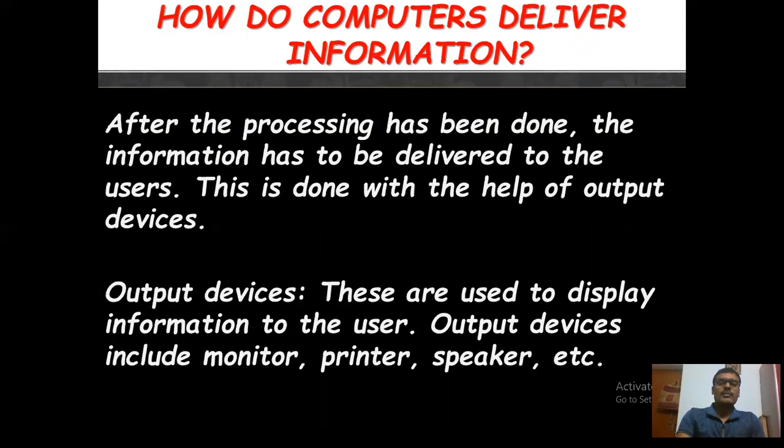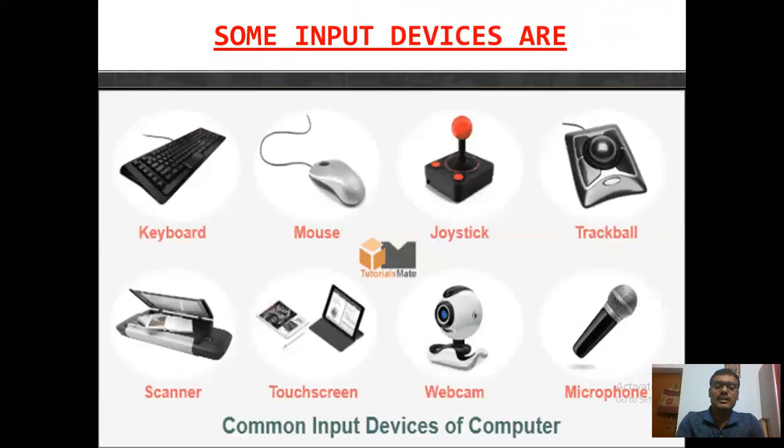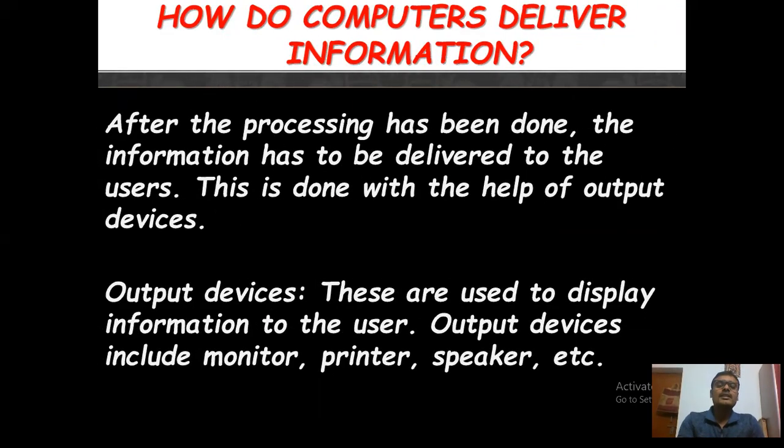Now coming to the next topic, how do computers deliver information? After the processing has been done, the information has to be delivered to the users. This is done with the help of output devices. First, the computer takes input from an input device, then it processes the data, and then it gives the result.